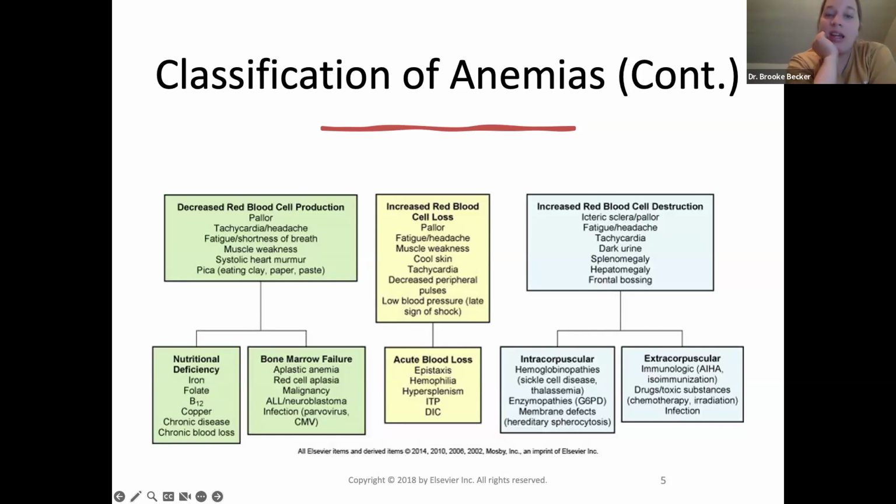Or you can see an increased red blood cell destruction. So they're making a normal amount of red blood cells, but they're being destroyed. So with that, you can see icteric sclera, which is the yellowing of the whites of the eyes. Darker urine because of the destruction of the red blood cells.